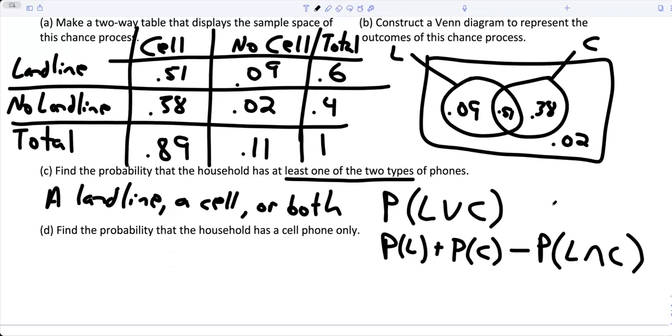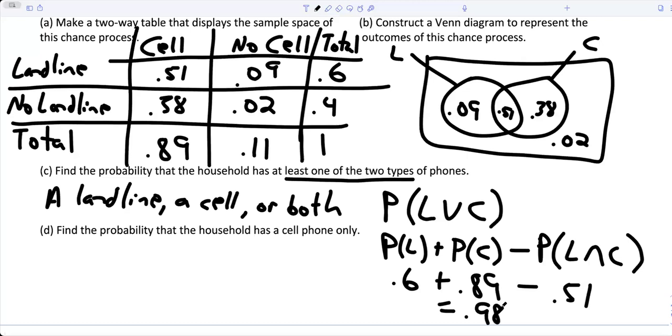What's the probability of L? What's the probability they have a landline? 0.6. What's the probability that they have a cell? 0.89. Minus the intersection, and what's the intersection? 0.51. So 0.6 plus 0.89 minus 0.51 equals 98%.